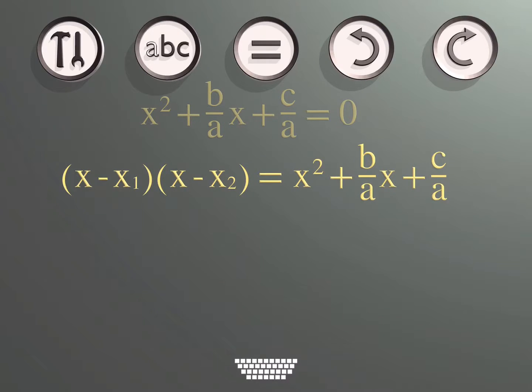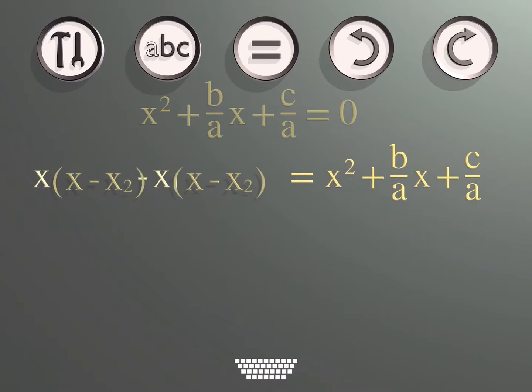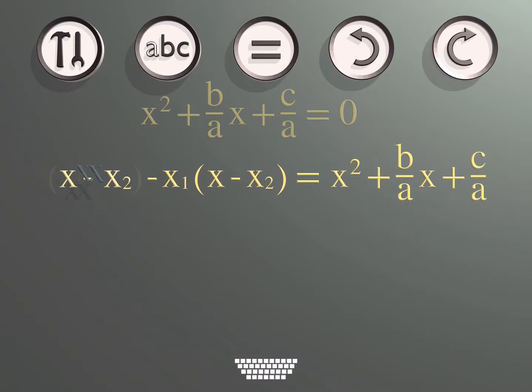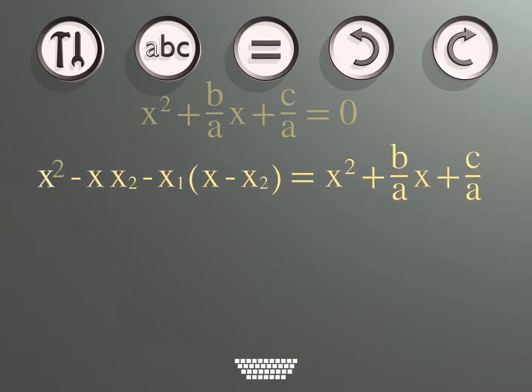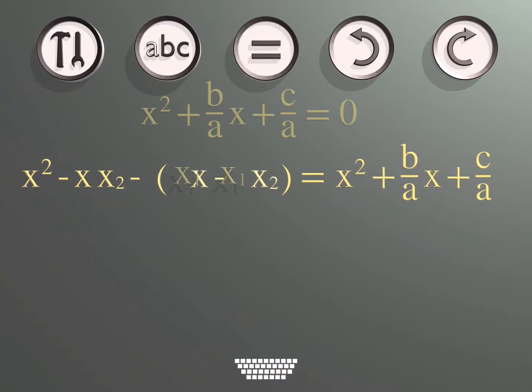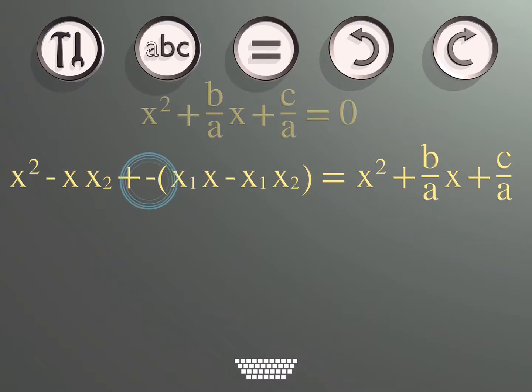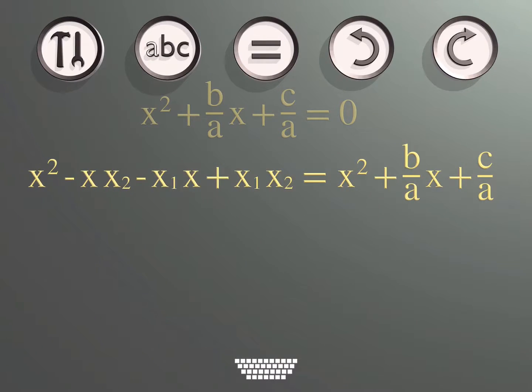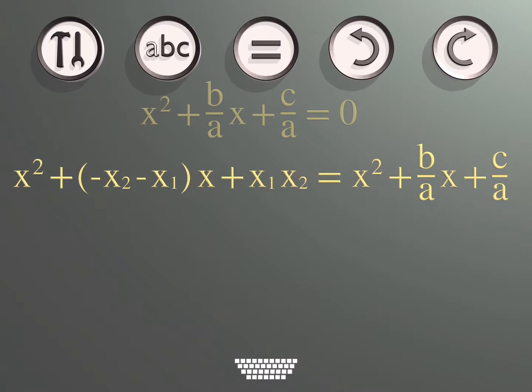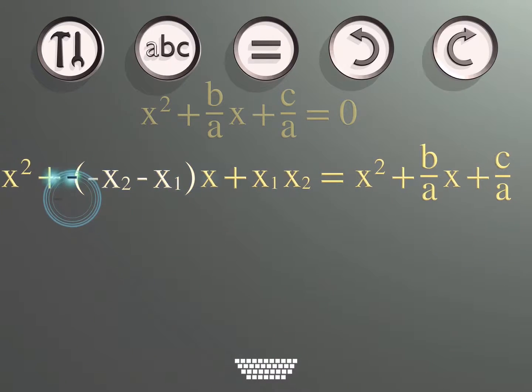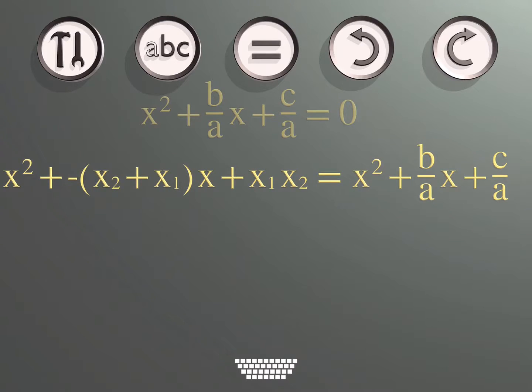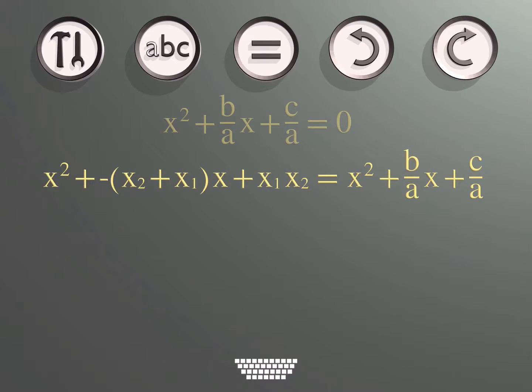Now let's manipulate the left-hand side a little bit. We get an x squared term, which is great because that's what we needed. Distribute the minus sign. Now let's combine the x's. All right, and we're almost done. Now we see the left-hand side and the right-hand side both have the similar form.